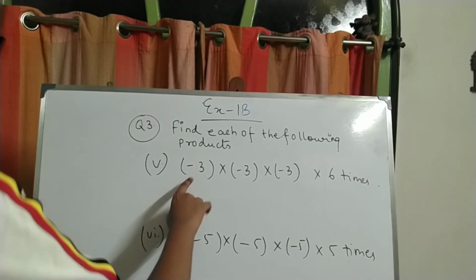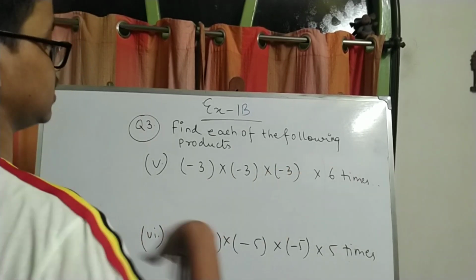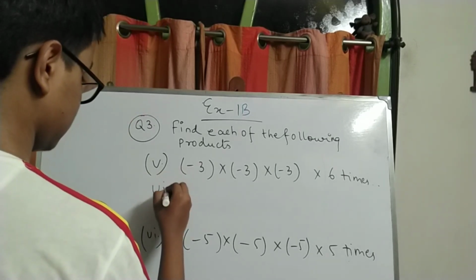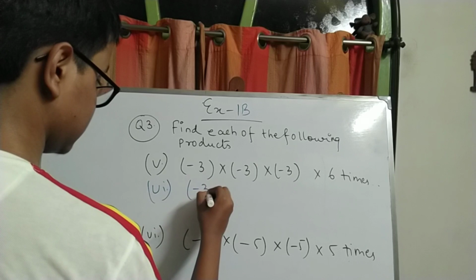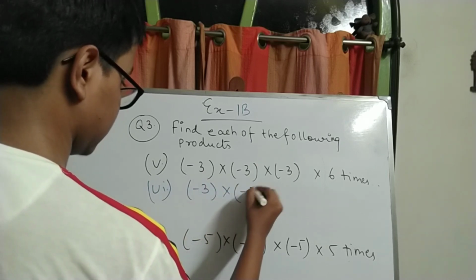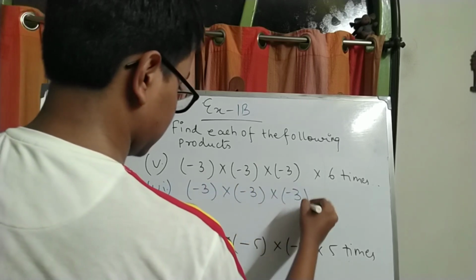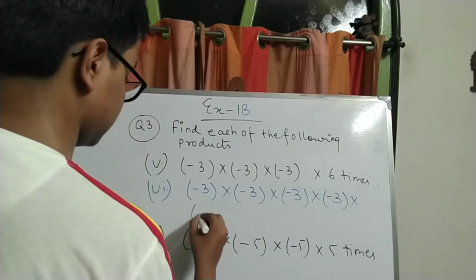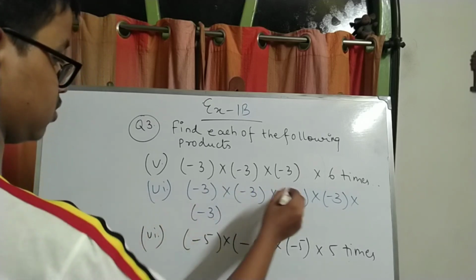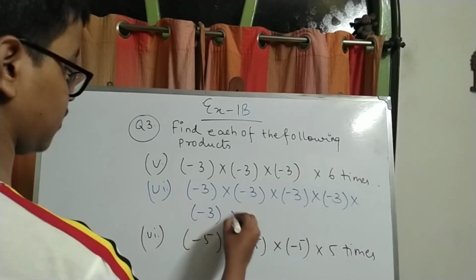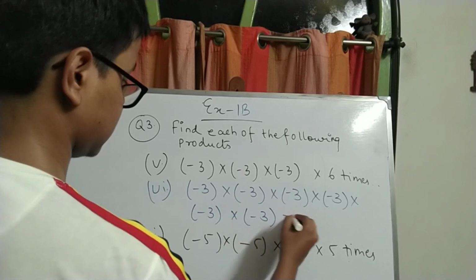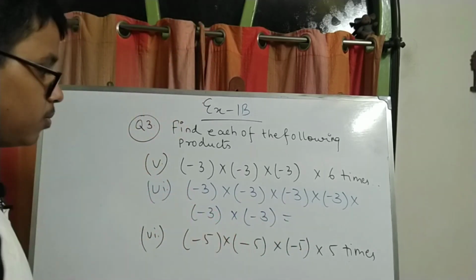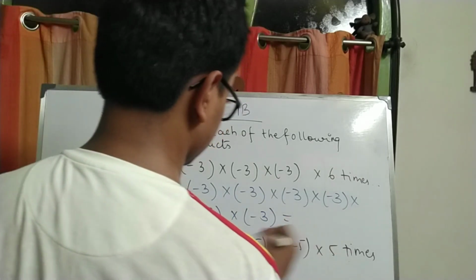Now we need to multiply minus 3, minus 3, minus 3 this 6 times. So if I write minus 3, minus 3, minus 3, minus 3, minus 3, minus 3, it will be easier. 1, 2, 3, 4, 5, 6. 6 is an even number, so it will be plus.